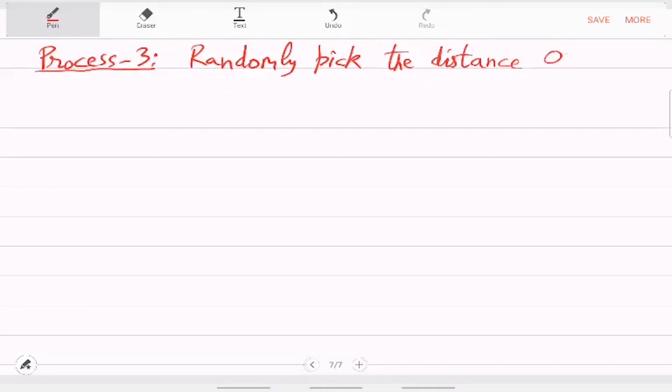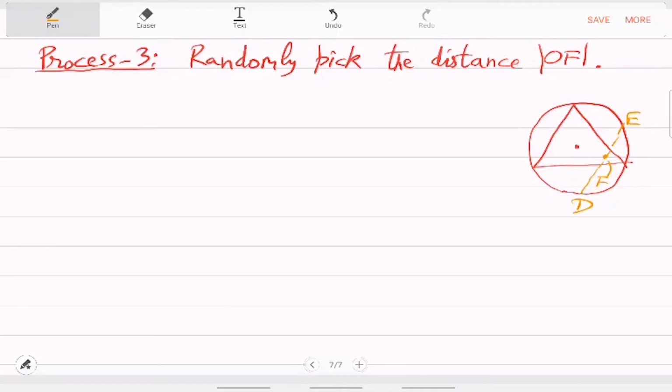So, that means this distance of O from F. Okay, this is what you are picking in a random way.